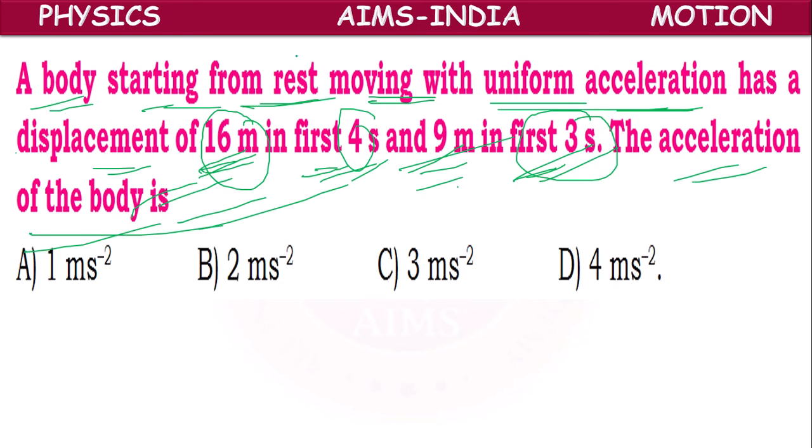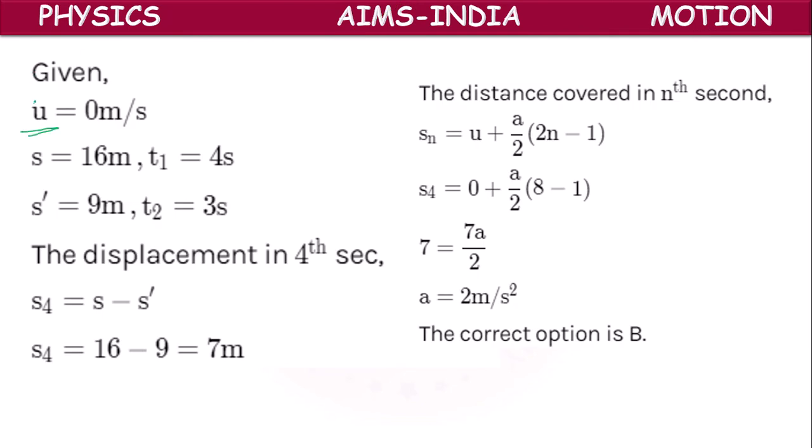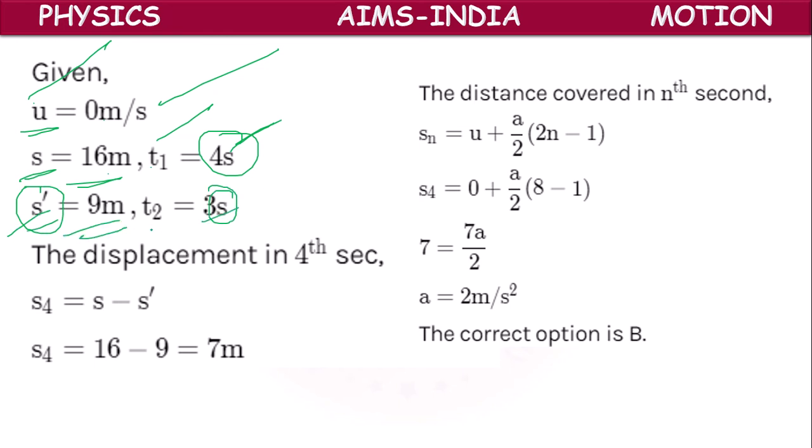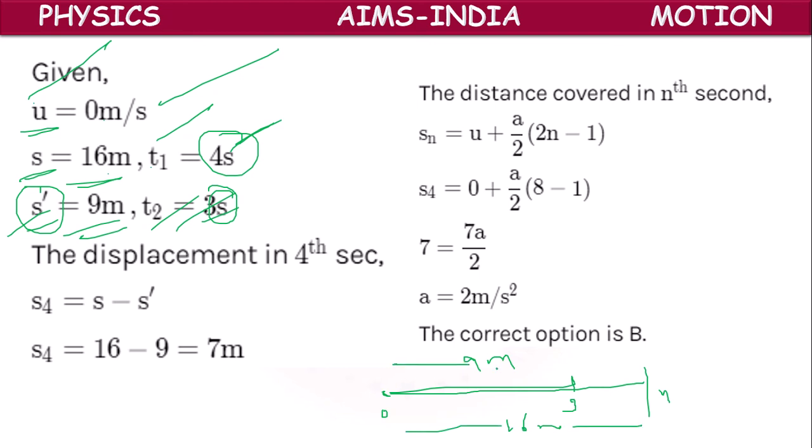Actually it is starting from rest, then moving with acceleration. So given that beginning velocity u is 0, distance traveled in 4 seconds is 16 meters, distance traveled in 3 seconds is 9 meters. So from 0 to 3 seconds it has traveled 9 meters, 0 to 4 seconds it has traveled 16 meters.